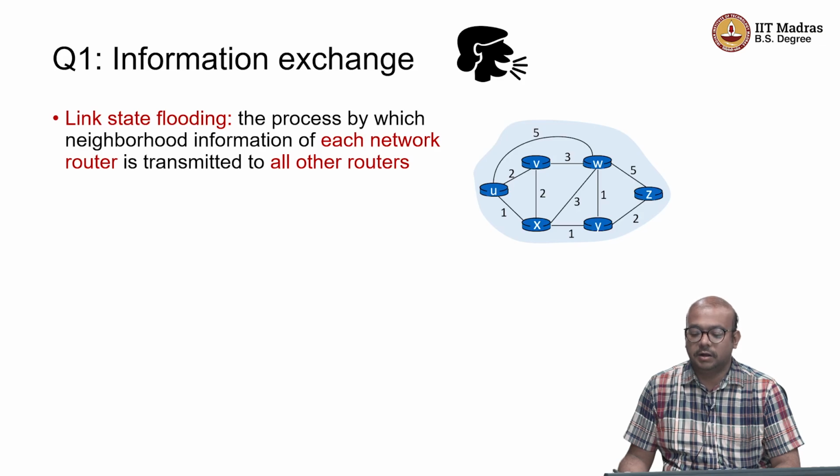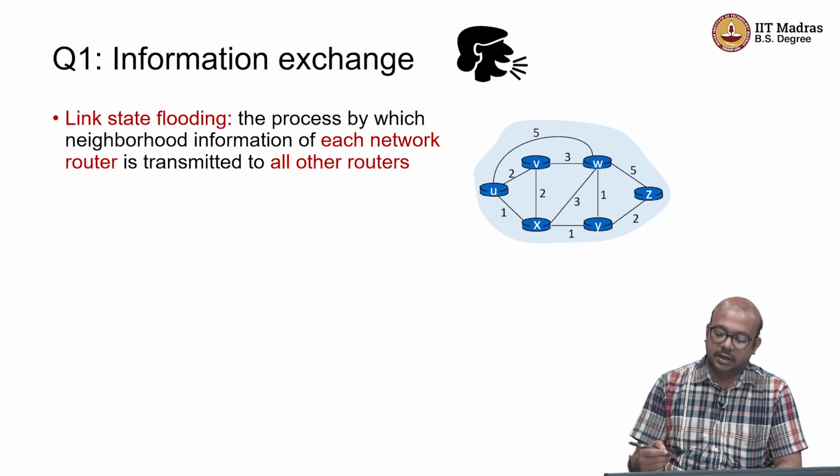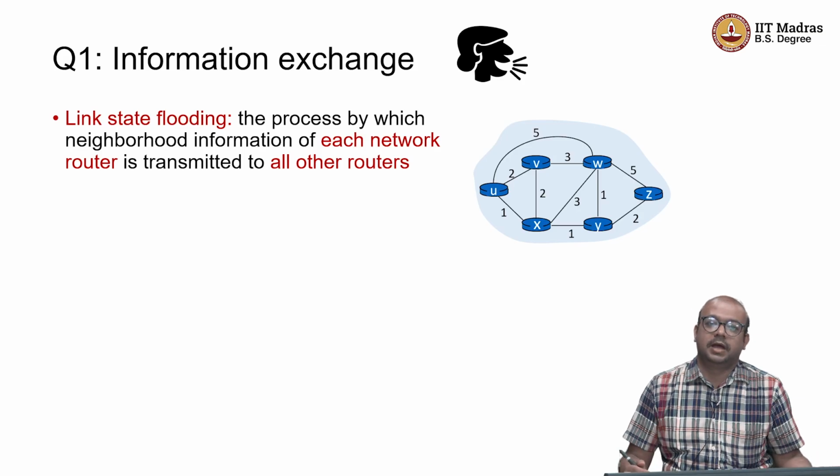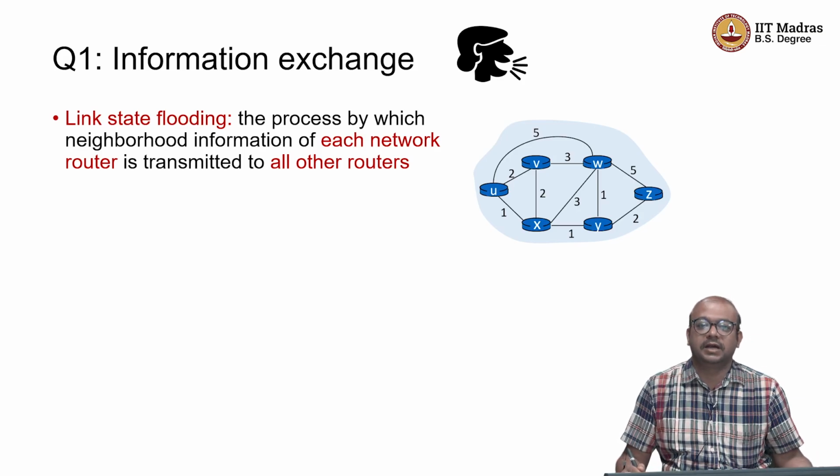So, a router, for example, let us say router V, it has these neighbors U, X and W, right, and V knows that I have a link weight of 2 to U, 2 to X and 3 to W. This information is something that you can share with your neighbors.